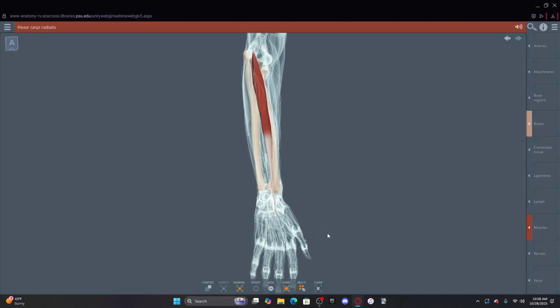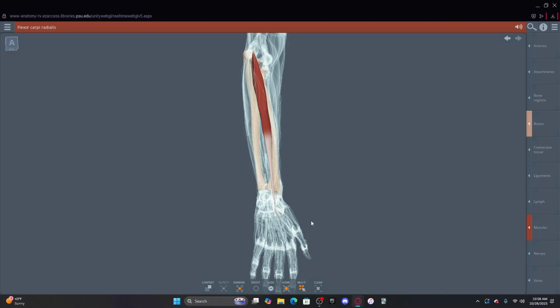This muscle is flexing and abducting the wrist. And it's innervated by the median nerve. Palmaris longus, median nerve. Pronator teres, median nerve.